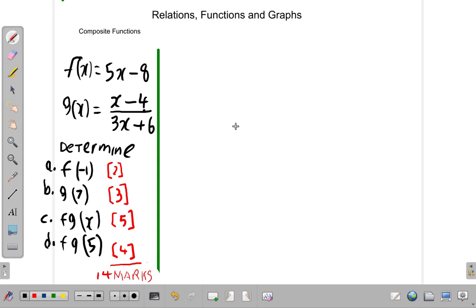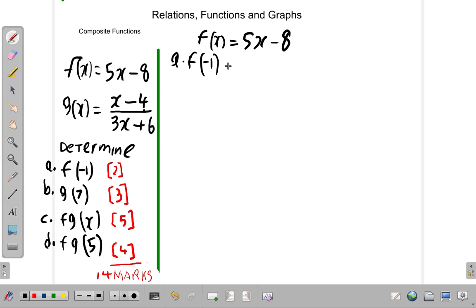Okay, you've paused the video. Now, let's just go through this exercise. For A, we have f of negative 1. Now remember, we had f of x equals 5x minus 8.